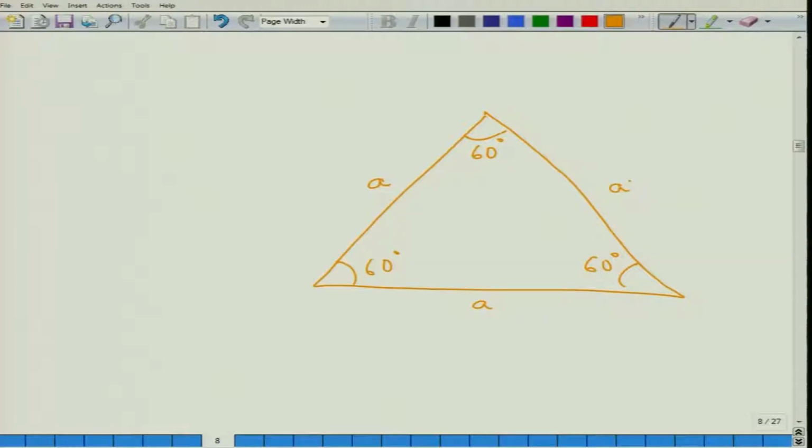Suppose we call it small a. So, its perimeter would be a plus a plus a, or thrice of a, that is 3 times the length of a side. The area of an equilateral triangle can be found by using this formula: area equals root 3 by 4 times a square.